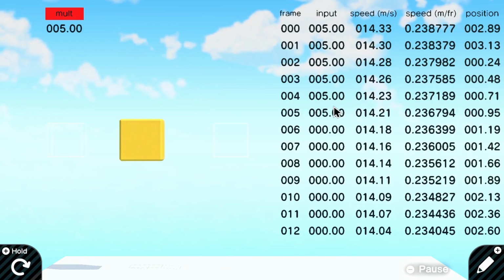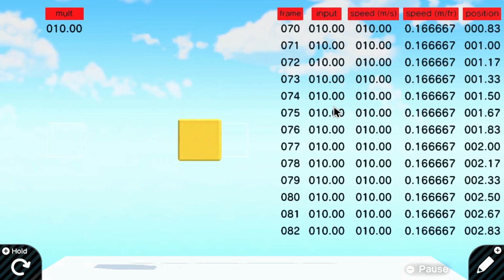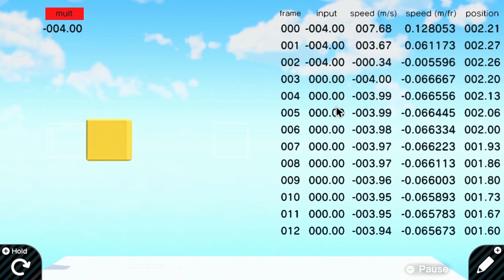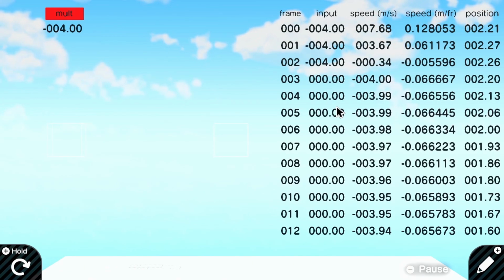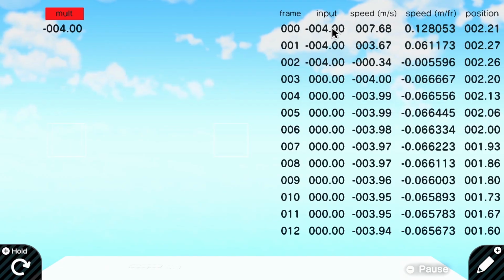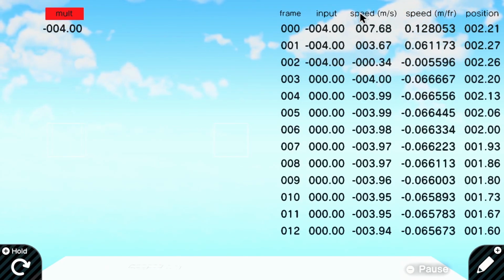And if we do have a positive speed and then we send a negative input, well, now it knows how to deal with this. So now its target is negative 4 meters per second. It says speed is 7.68. Yeah, it just works like an accelerate setting.